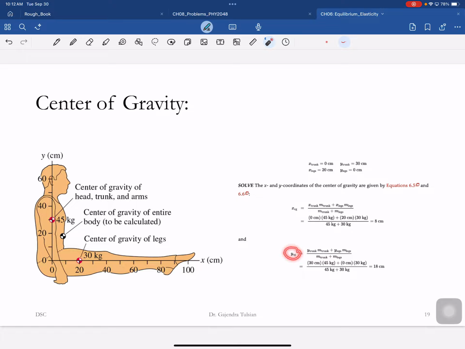The y coordinate of the center of gravity is the y coordinate of the trunk times the mass of the trunk, plus the y coordinate of the legs, which is 0, times the mass of the legs, divided by the total mass, and that gives you this distance. Similarly, this formula gives you the x coordinate of the center of mass. The x coordinate of the trunk is 0, and the x coordinate of the leg is that, so that gives you that. Here are the numbers for this person. That's how you would calculate the center of mass.